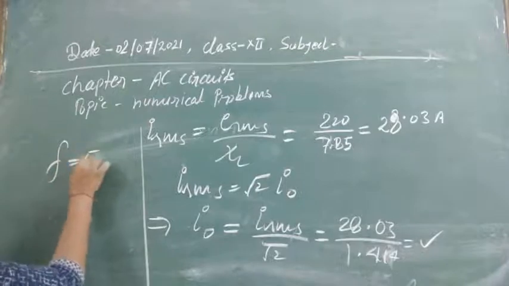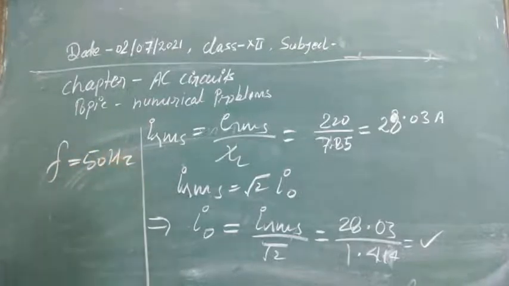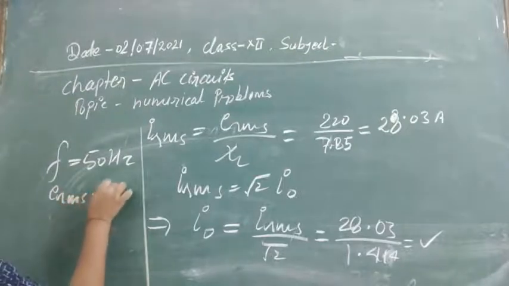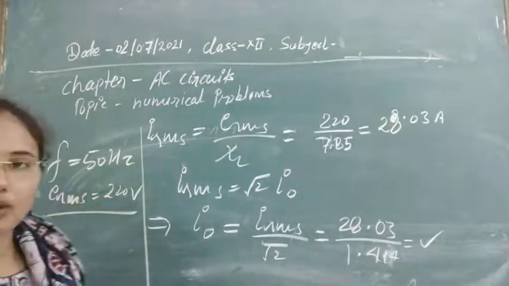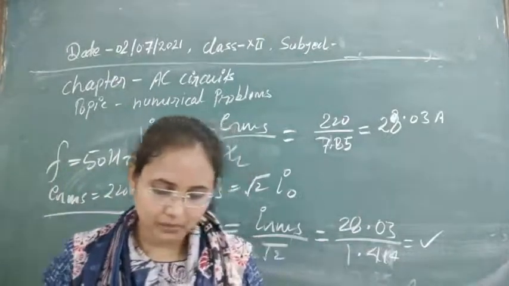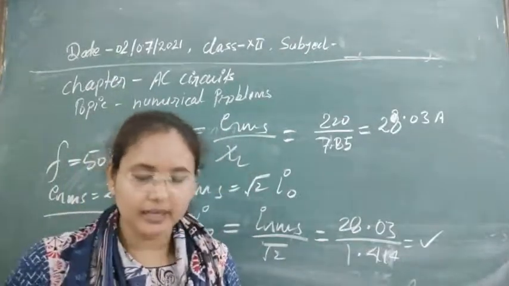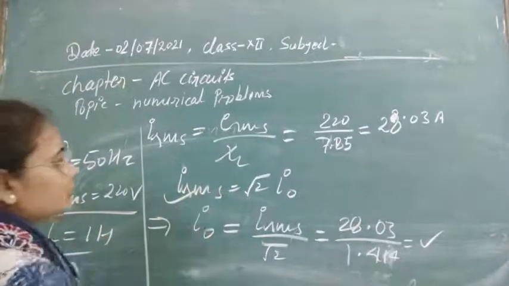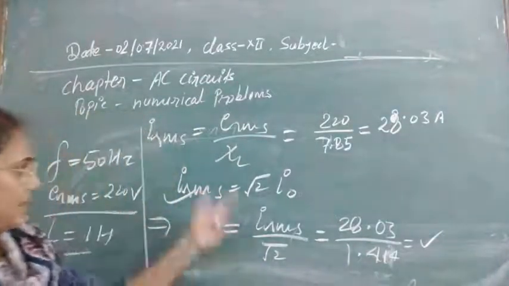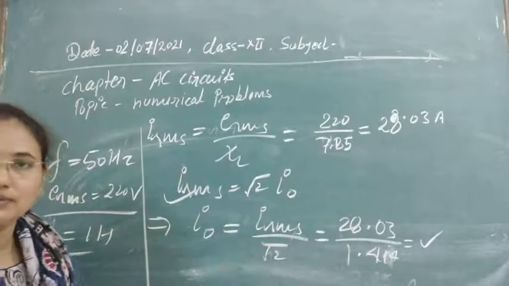The frequency is 50 hertz, and the second thing given is ERMS, this is 220 volt. Now we have to find the value of the maximum current that will flow through the inductor that has inductance 1 Henry. So you can proceed with this question as we have solved the previous one.